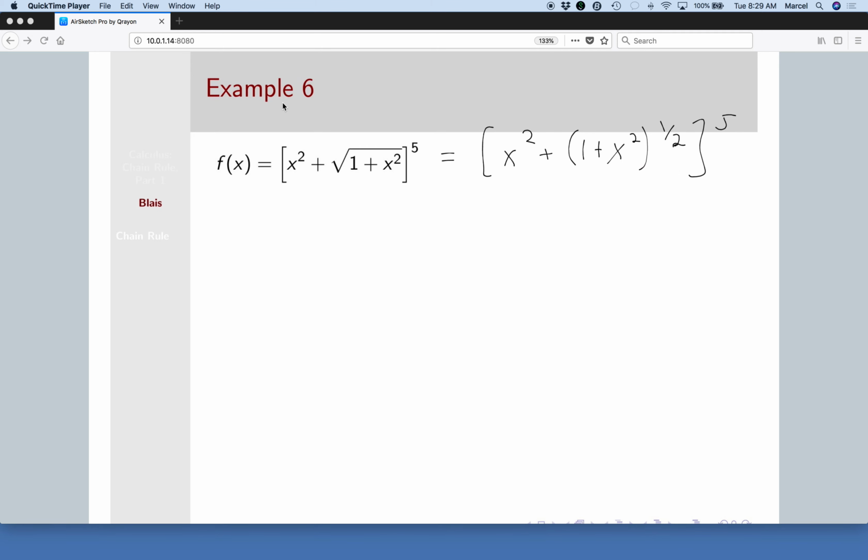So to get our derivative, we have derivative of the outer function, leaving the inner function alone. And because sometimes these can be a bit tricky, let's just say, okay, for the chain rule, derivative of the inner function, let's just write it.